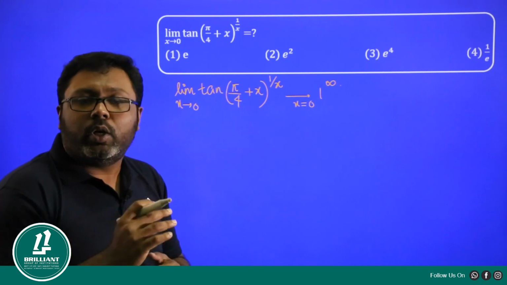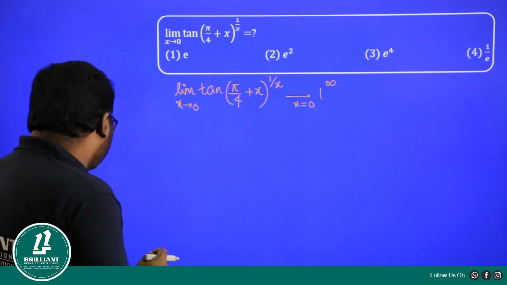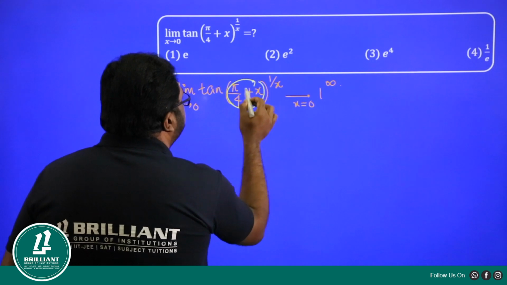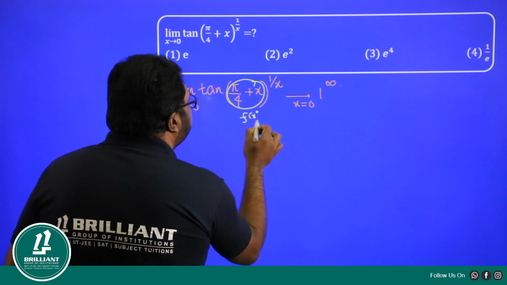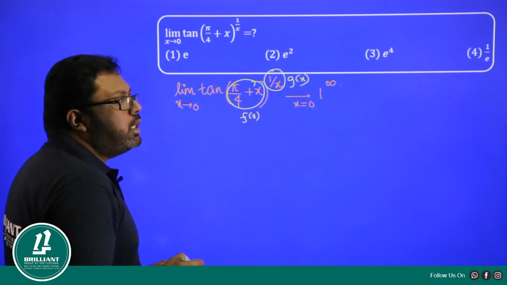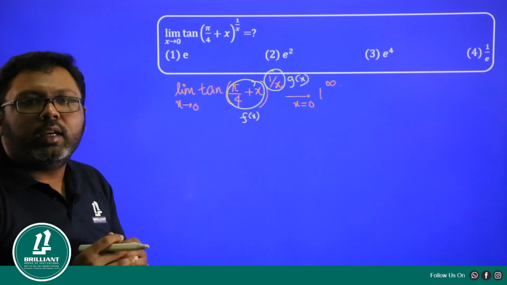Now let me tell you a shortcut for this. You can consider the base function as f of x and the power function as g of x. When you see such a question, you can learn a shortcut.